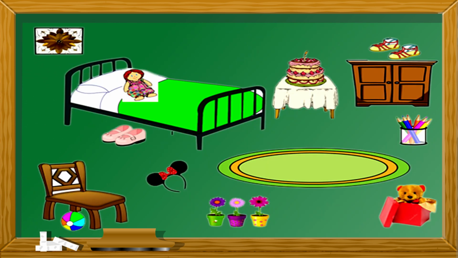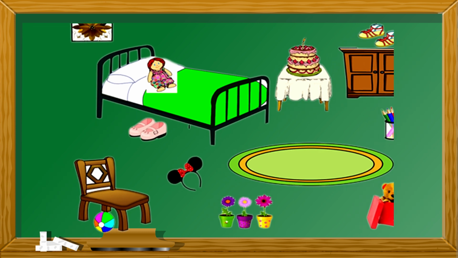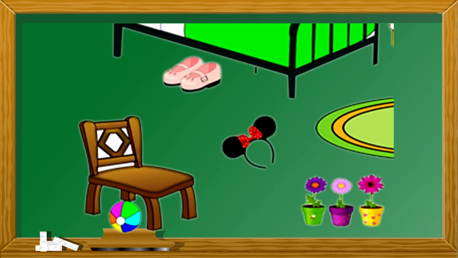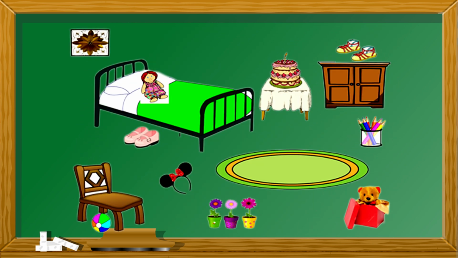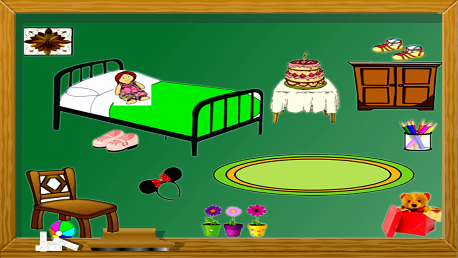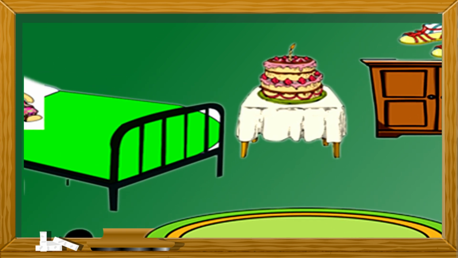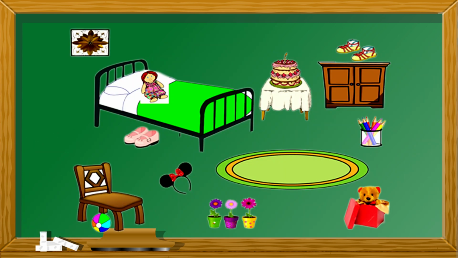Can we help Sarah find her ball? Yes, you got it! The ball is under the chair. How about her cake? That's right! The cake is on the table. How about her headband?